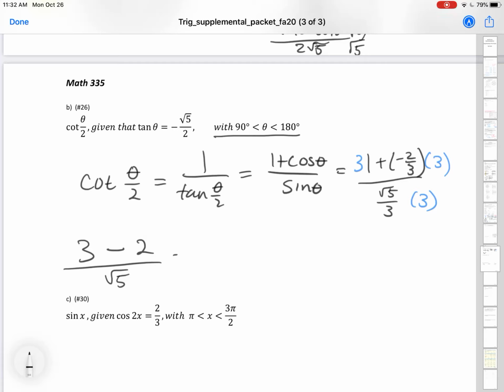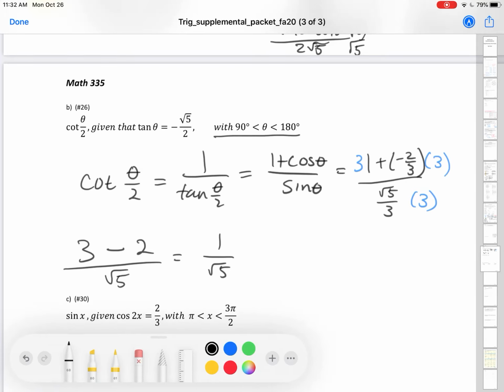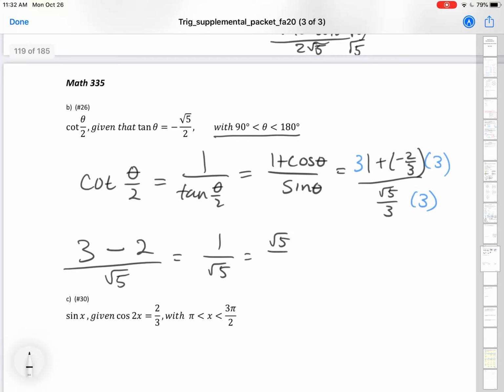So 3 minus 2 all over root 5, or negative 1 over root 5. Or not negative 1, sorry. Not negative 1. 1 over root 5. And so our answer is square root of 5 over 5 as our guy there for number 26.